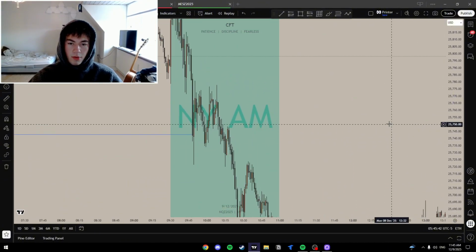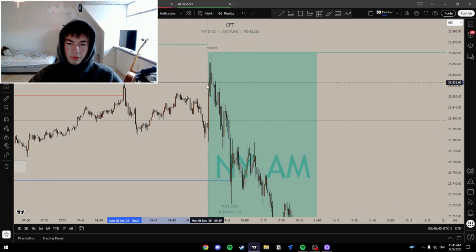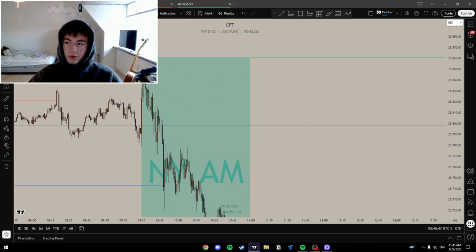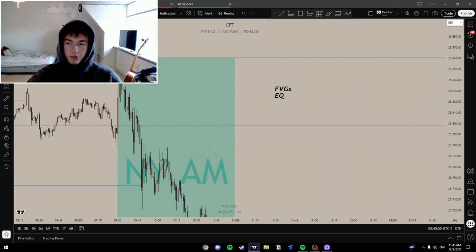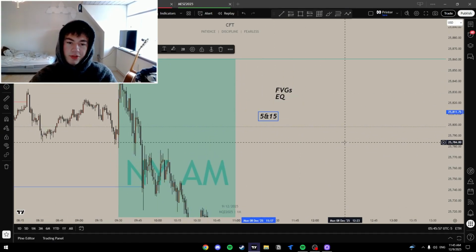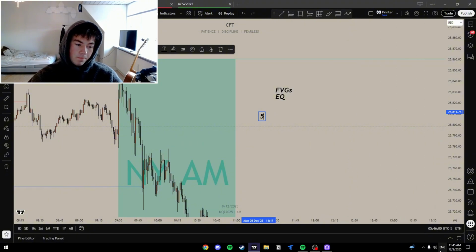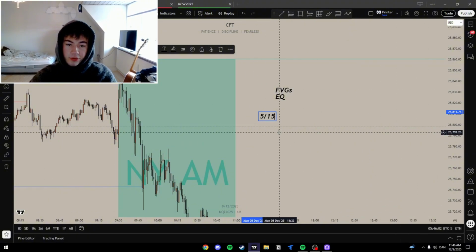So what did I say we focus on in this model right here? Focus on fair value gaps and EQ. That's it pretty much. I want to see either a 5 or 15-minute fair value gap form.